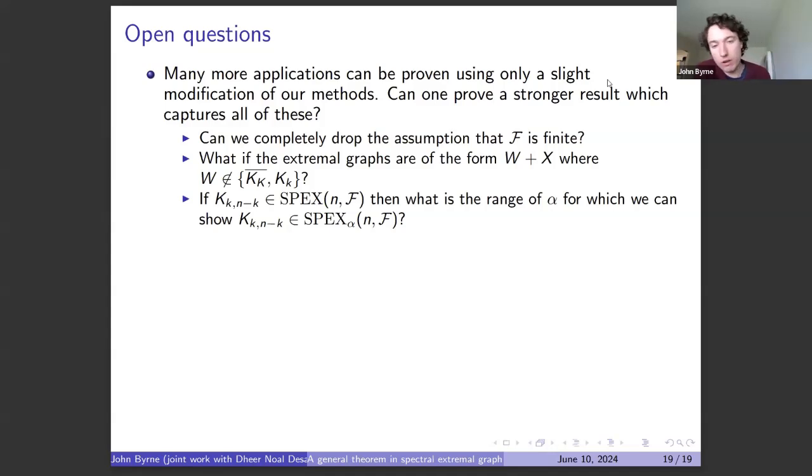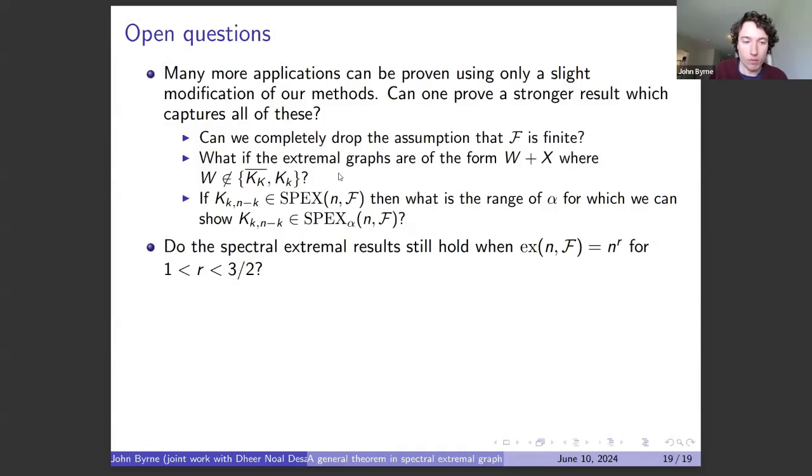So that's a counterexample which can show that if we're assuming that this complete bipartite graph is spectral extremal, that does not automatically imply that it's also alpha spectral extremal. But the method should go through for a certain range of alpha. So we're not sure exactly what the optimal range is and how it depends on the forbidden family.